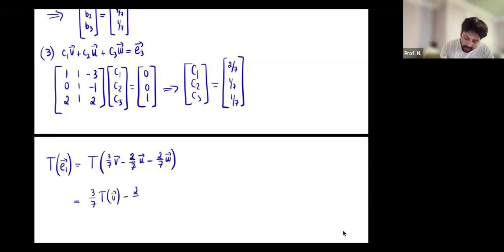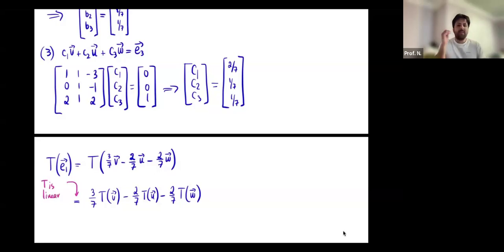And I can do this. And I can do this. You guys see that? Why can I do this? Because T is linear. That's why it's nothing to scoff at when you have a linear transformation. It makes computation very easy.